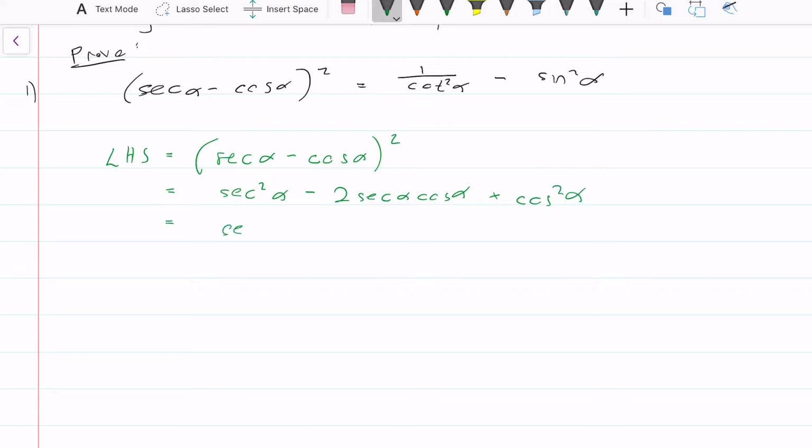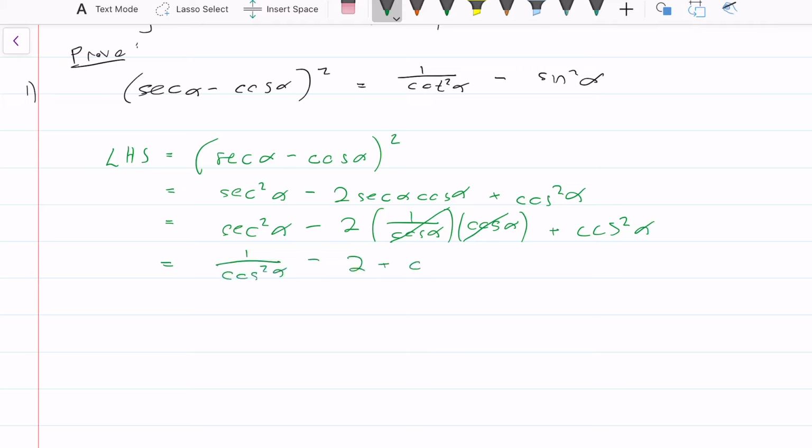This gives us sec squared alpha minus 2 plus cos squared alpha, since sec alpha times cos alpha is 1, so these cancel. I'm going to write sec squared as 1 over cos squared alpha.